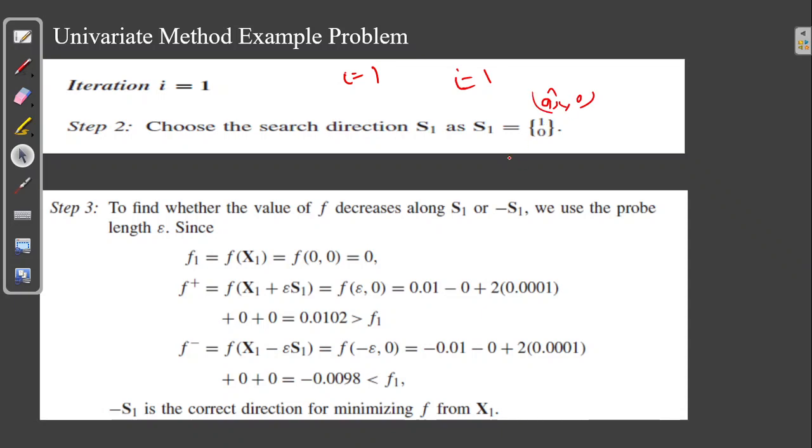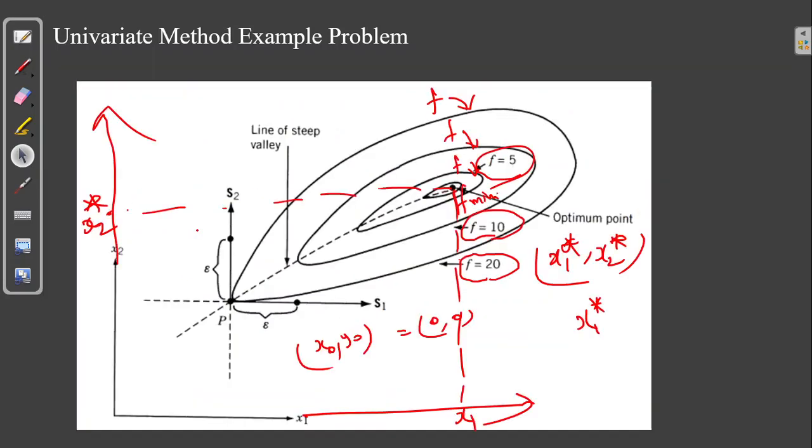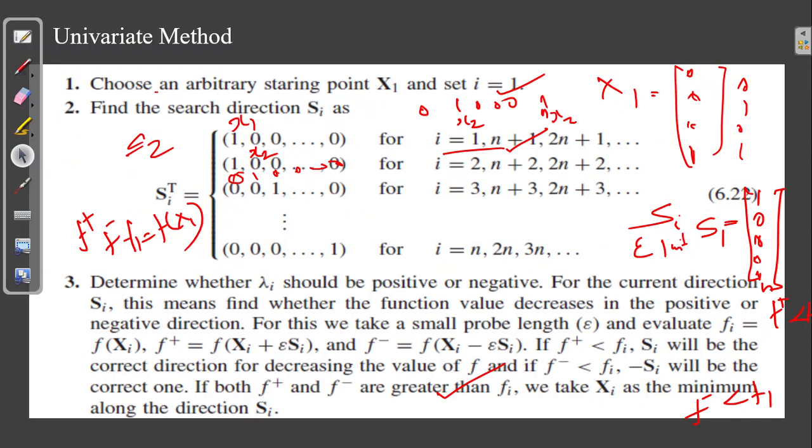And step 3 is to find whether the value of f decreases along s1 or minus s1. That means you have to find the direction, whether you have to go in the positive s1 direction or the negative s1 direction, so that the value of f decreases. For that we use the probe length epsilon, and we follow step 3: determine whether lambda i should be positive or negative for the current direction si.